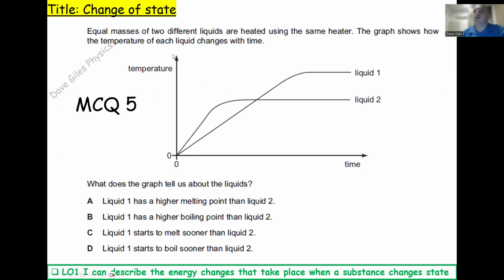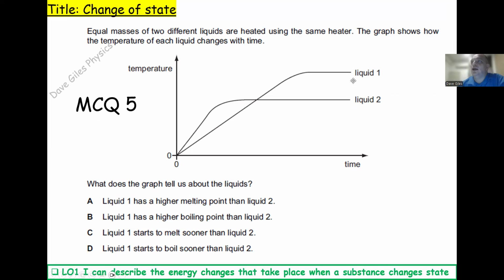And finally, equal masses of two different liquids are heated using the same heater. The graph shows how the temperature of each liquid changes with time. What does the graph tell us about the liquids? If we start from the bottom, liquid 1 starts to boil sooner than liquid 2.